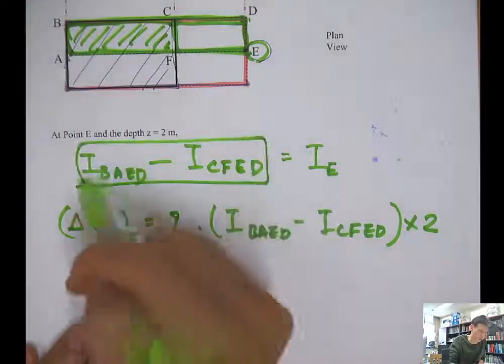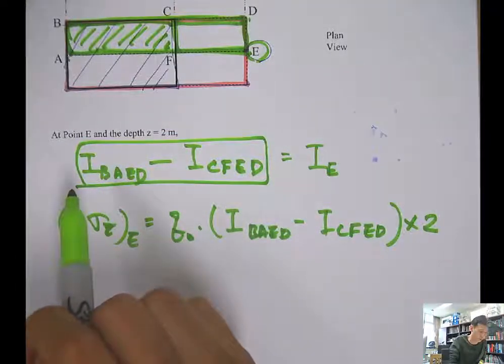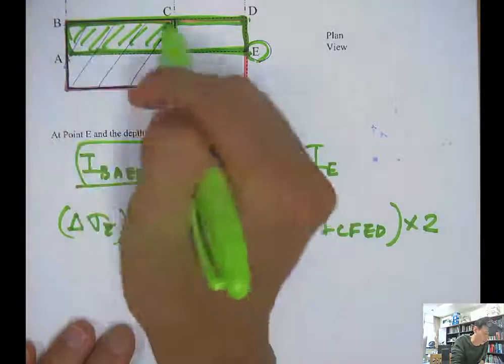So this is going to be the influence factor actually for this circle.